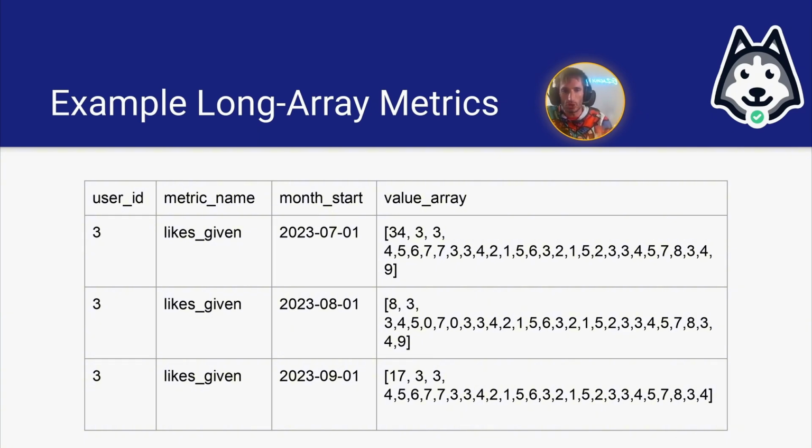How this works is we have this month start and then we have this array of values. So the date is an index. In this case, 34 is how many likes user 3 gave on July 1st. And then 3 is July 2nd, 3 is July 3rd, and then 9 is July 31st.